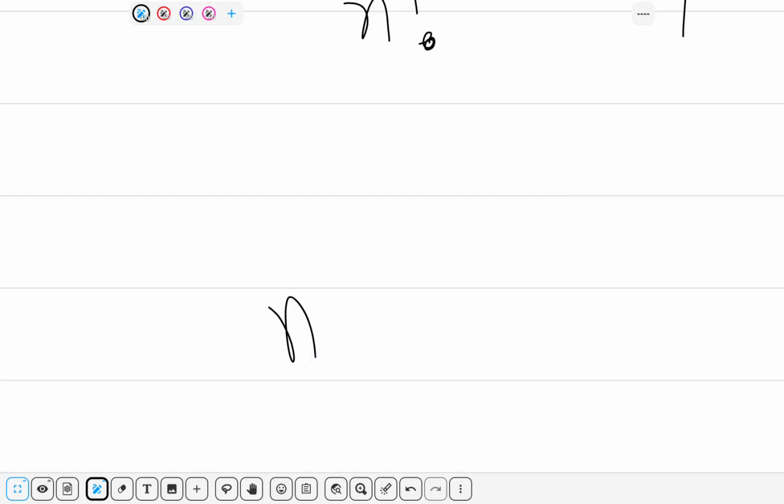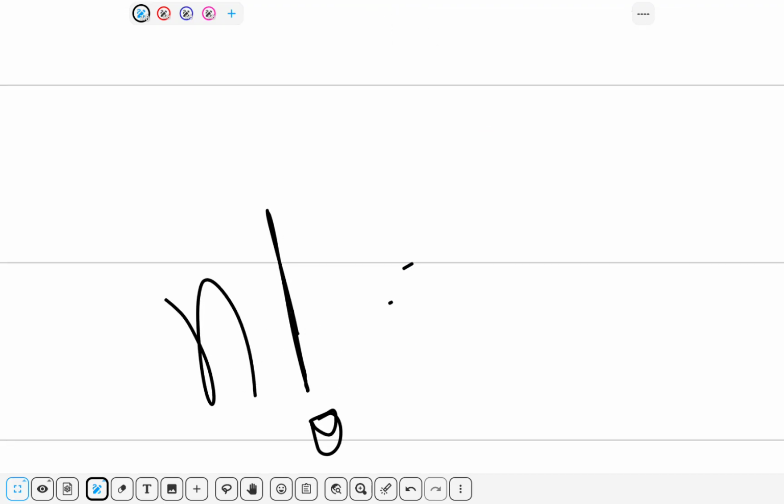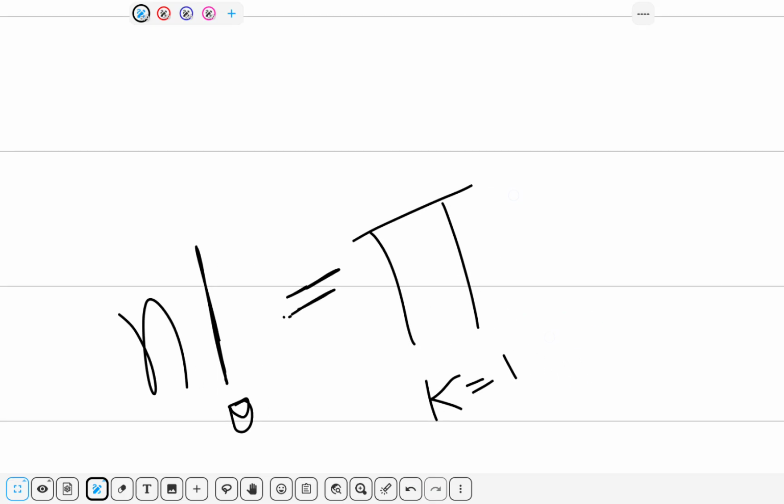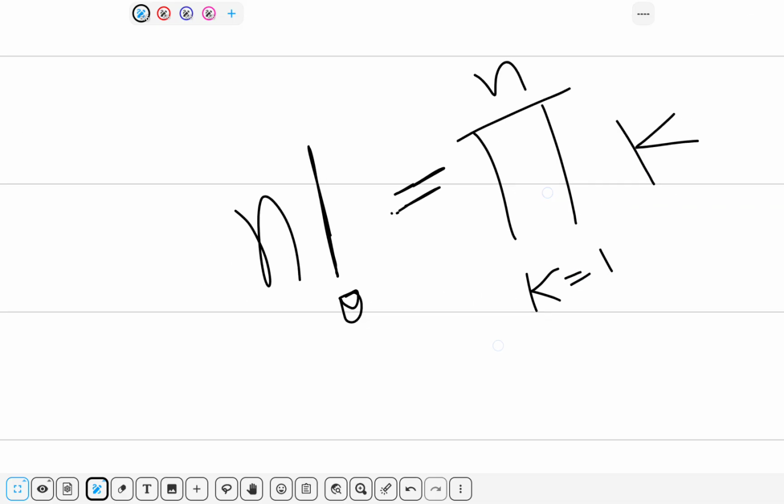For example, I can write n factorial as something like this. Okay, I have to strictly start from 1 in this case, right? This is a classic example.